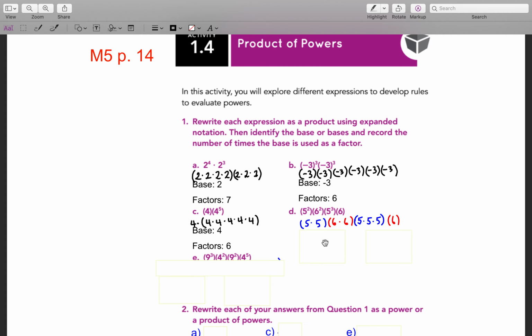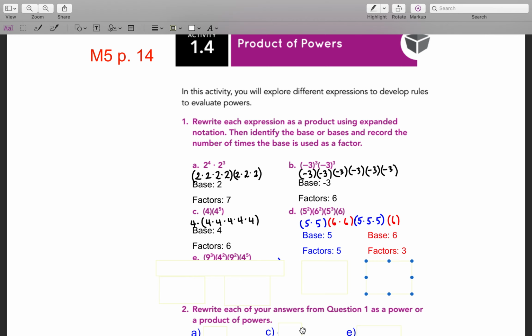The bases are 5 and 6. And so the 5 is being used 1, 2, 3, 4, 5 times. So the factors for that would be 5. For base 6, it's 1, 2, 3.